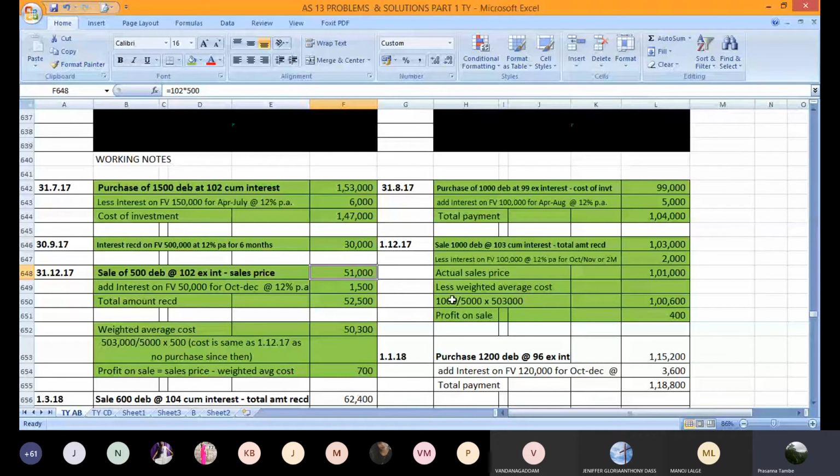Did you complete the working note? Yes. Then let's go to the ledger.